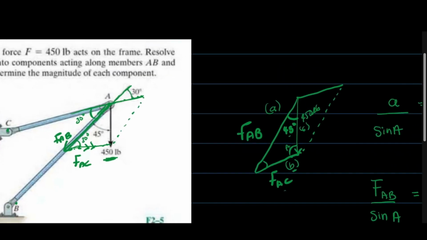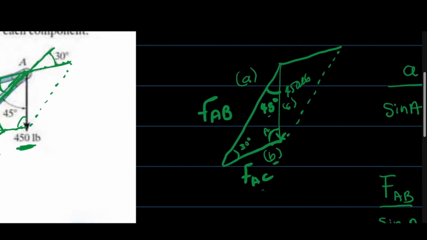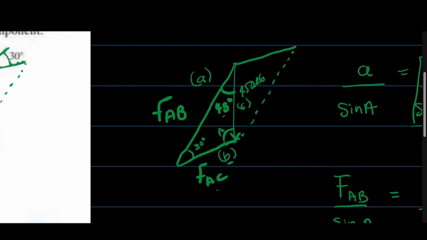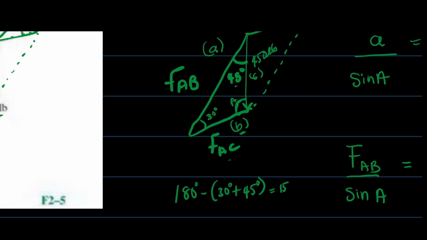So we've come back to the parallelogram. It has 30 degrees here. And for this part, the sum of angles in a triangle must be equal to 180. So to simply get this angle, we're just going to say 180 minus (30 plus 45), which will give us 15. So the angle here is 15 degrees.